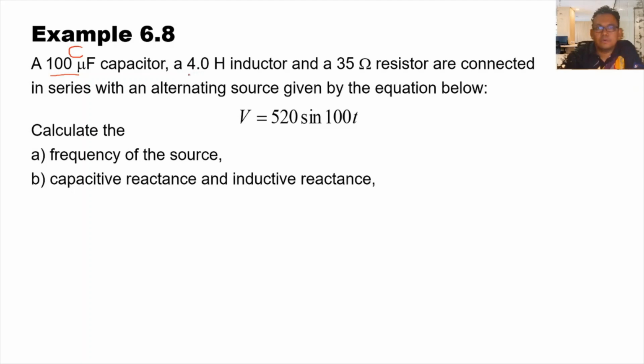So, a 4 henry inductor and a 30 ohm resistance are connected in series with an alternating source given by the equation. Calculate the frequency first.